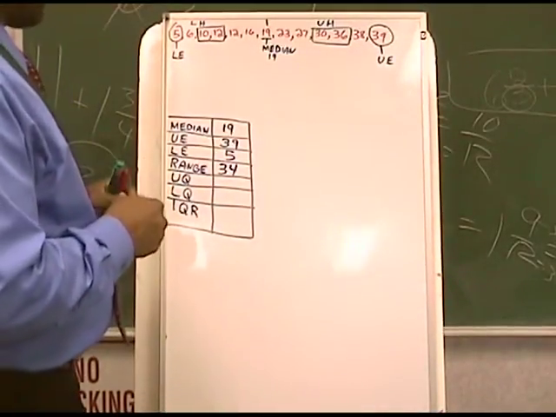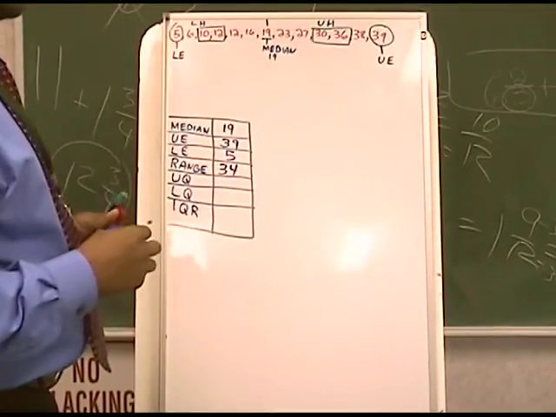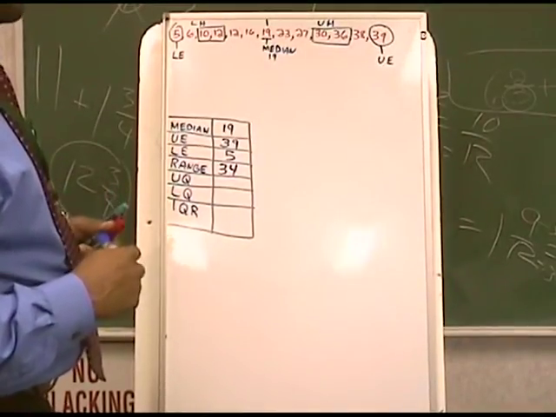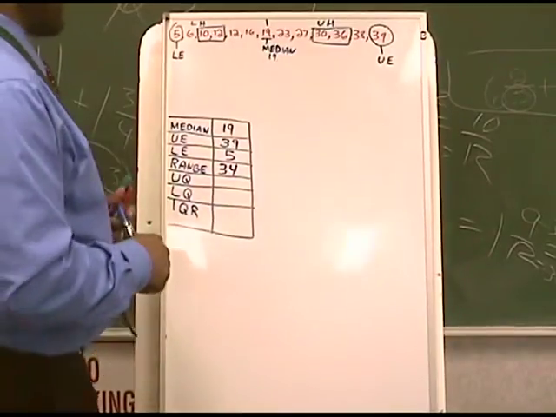The lower quartile is the average, or the median, of the lower half, and the upper quartile is the average, or median, of the upper half.